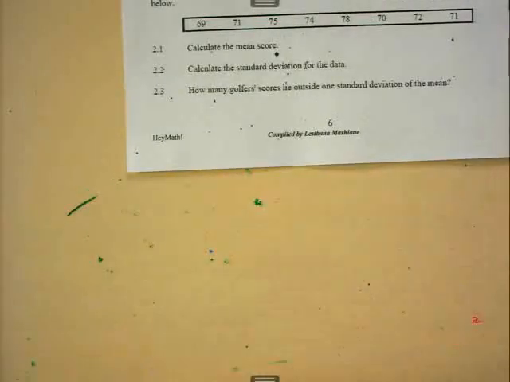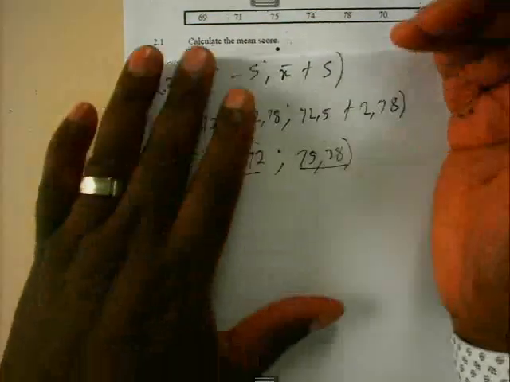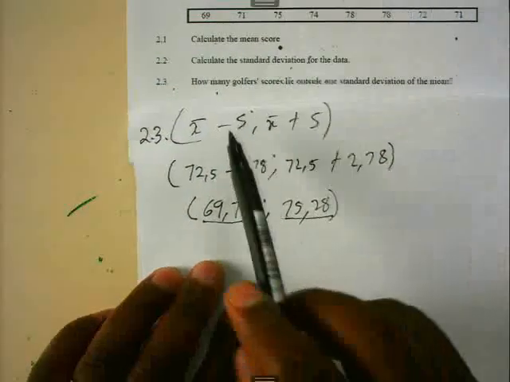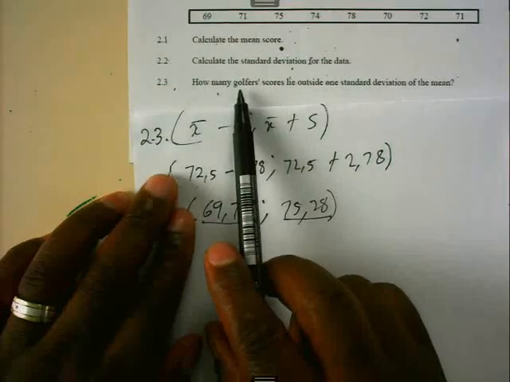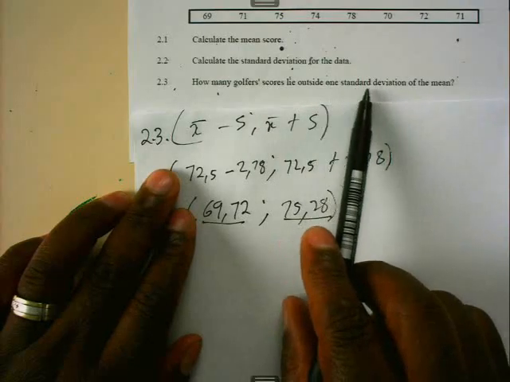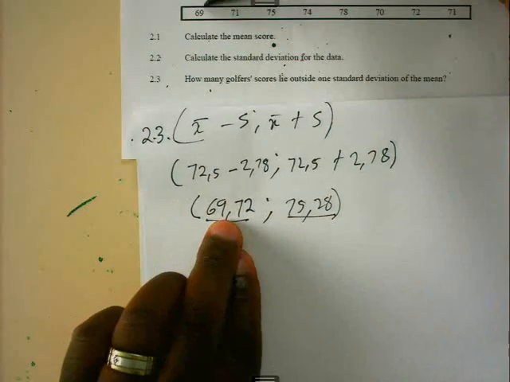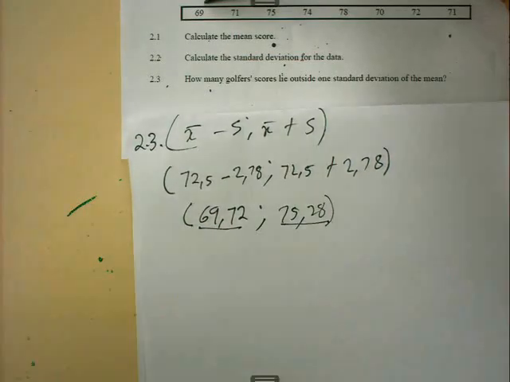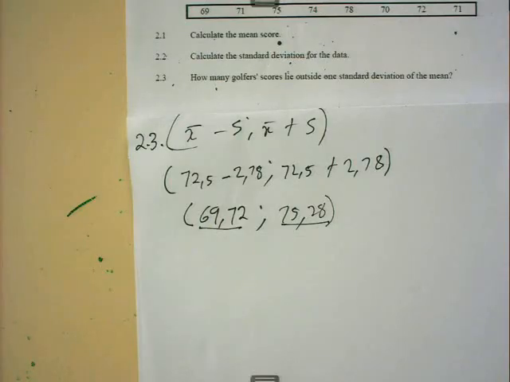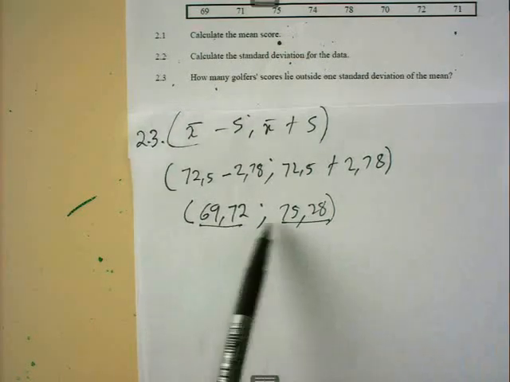The question is how many golfers' scores lie outside one standard deviation of the mean? We're trying to count. We want to check all the values that lie outside this.